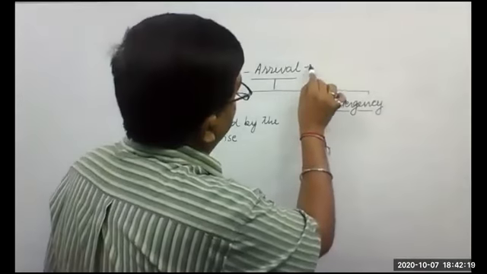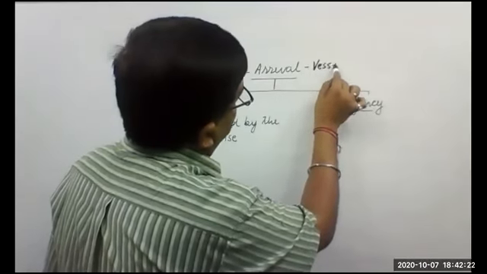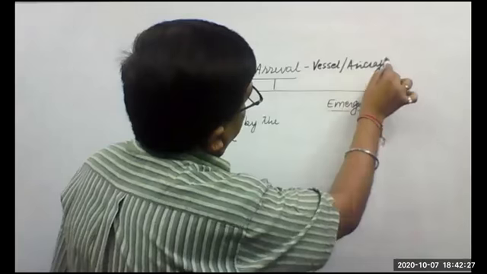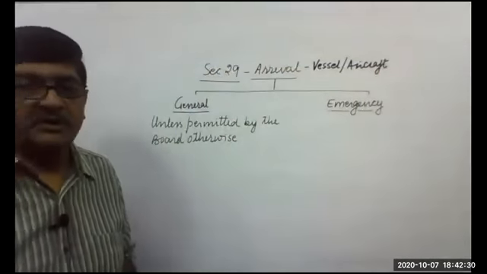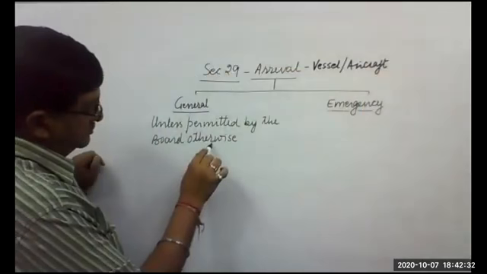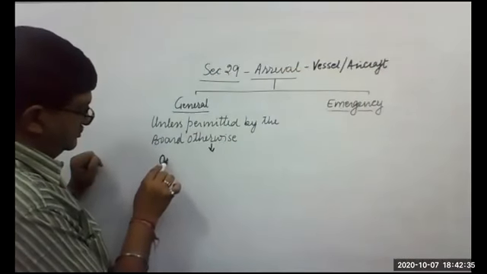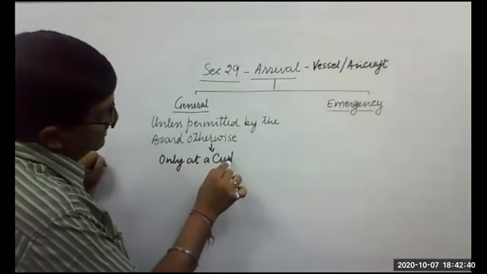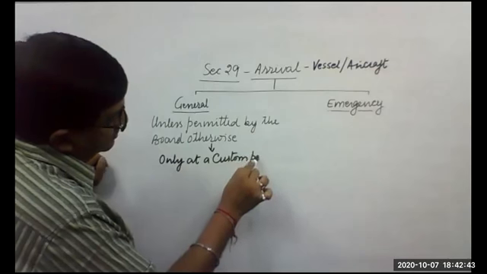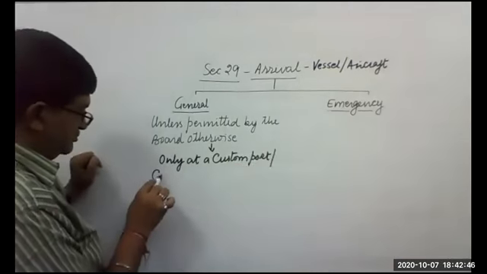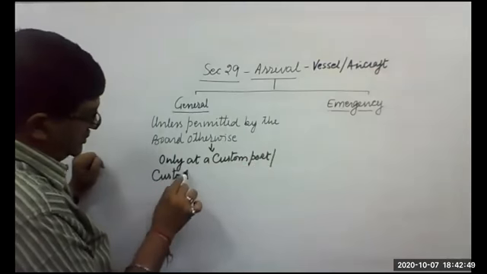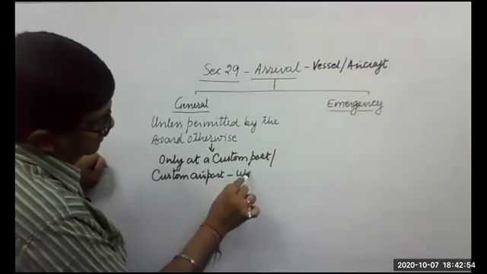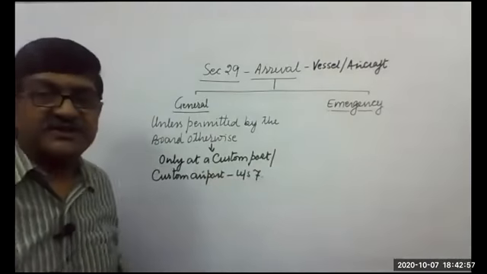Here we can add: only at a custom port or custom airport under section 7.